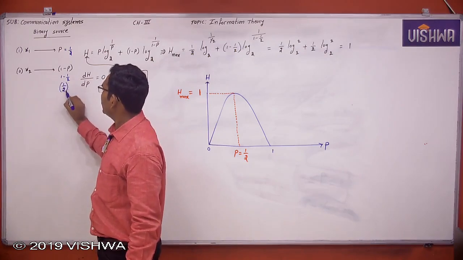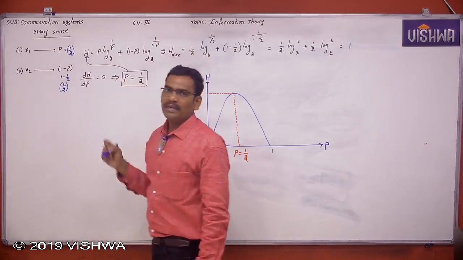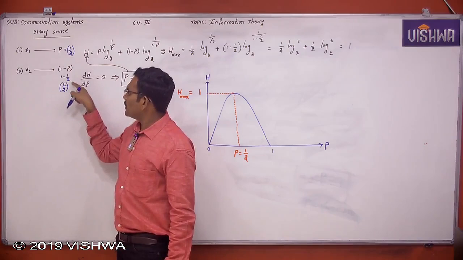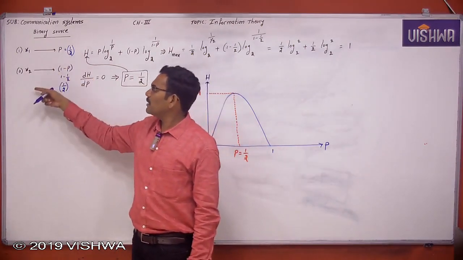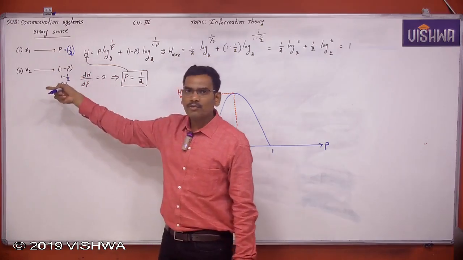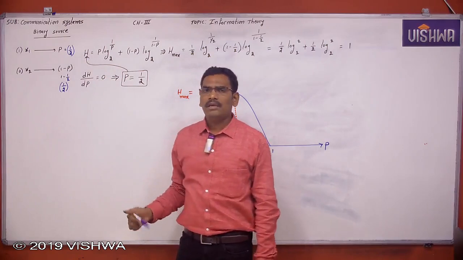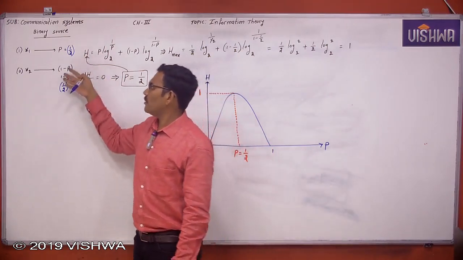So the source generating maximum entropy means its symbols are equiprobable. For a binary source with two symbols, each has probability 1 by 2. If it is 3 symbols, it is 1 by 3. For 4 symbols, it is 1 by 4.